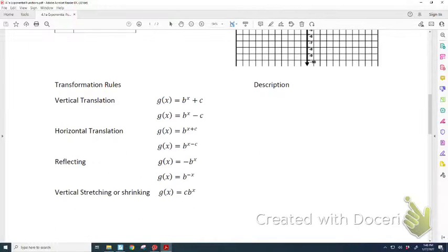Down here, we're just going to practice our transformation rules, very similar to what we did last semester, except we have an exponent now. Some people struggle with this b and c thing, so instead of c, let's write a real number. So let's treat c like a 4.